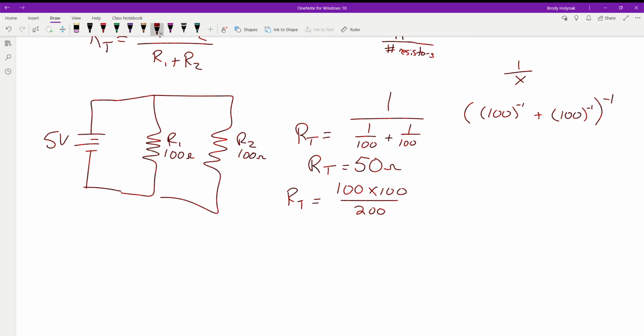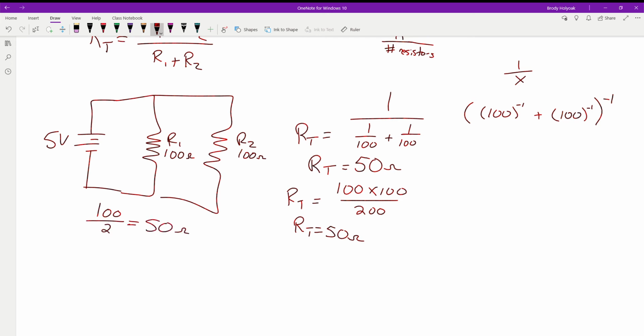That gives us 50. And then the last method is we take the value of one of the resistors and divide it by the number of them that we have.